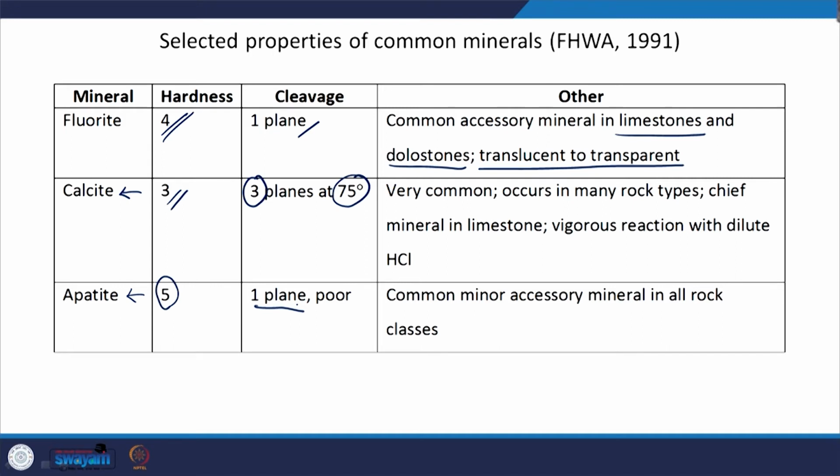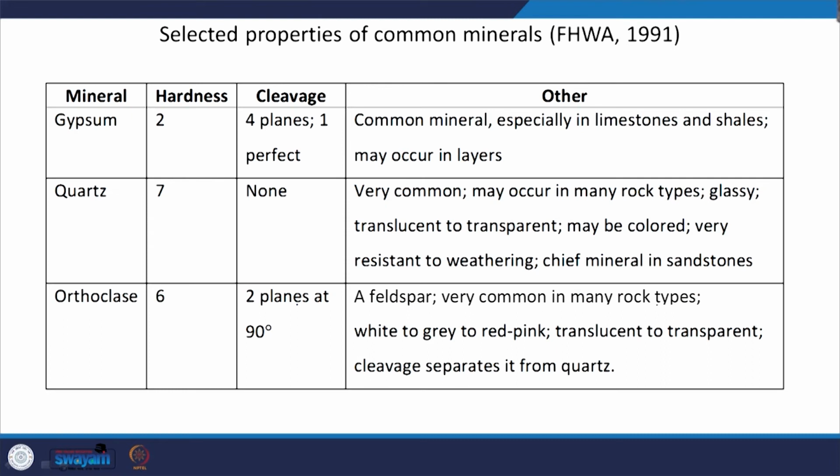Then common accessory mineral in all the rock classes, that is igneous, sedimentary and metamorphic. Coming to the next one, we have gypsum here, hardness of 2, and see here 4 planes, out of which one is the perfect plane, and it is a common mineral, especially in case of limestones and shales, and it may occur in layers.